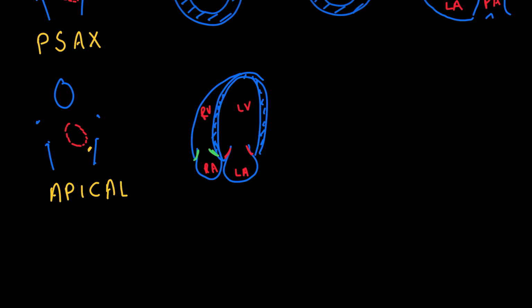And how do you know which is left or right? Well, the left is typically larger and muscular as I've drawn, but on the right side you may see a moderator band. And most importantly, if you look at where the leaflets insert for the mitral valve versus the tricuspid valve, the tricuspid valve leaflets actually insert a little bit closer to the apex.